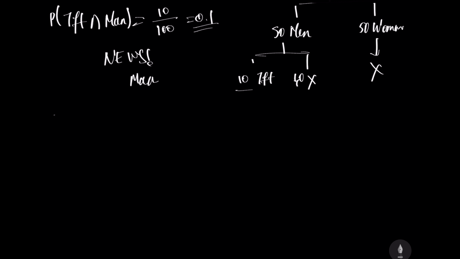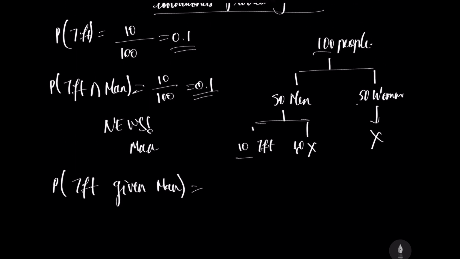So, what I mean by this is the probability that the random person we picked is 7 feet tall, given now that we know that this person is a man, the first thing we would do is exclude the 50 women, because now we know it's a man. So, our new sample space is 50 men. You notice that as a consequence of this update, our sample space has been reduced to half in our case.